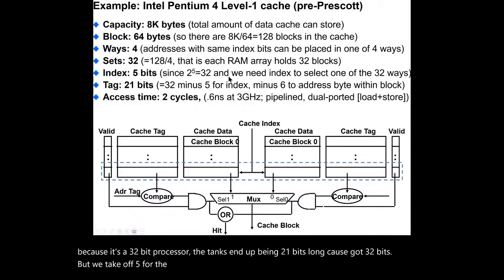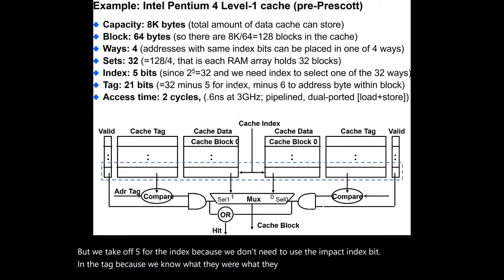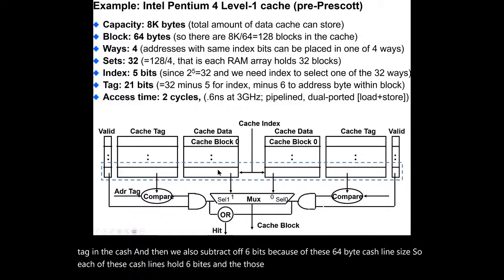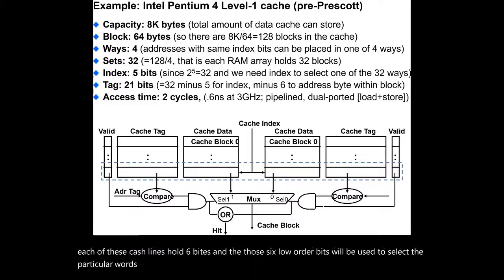We don't need to use the index bits in the tag, because we know what they are based upon where we found the tag in the cache. And then we also subtract off 6 bits because of the 64-byte cache line size. So each of these cache lines holds 64 bytes, and those 6 low-order bits will be used to select the particular word that the processor is accessing.